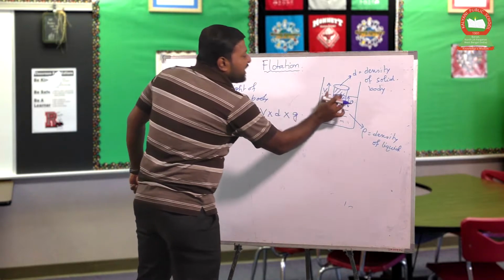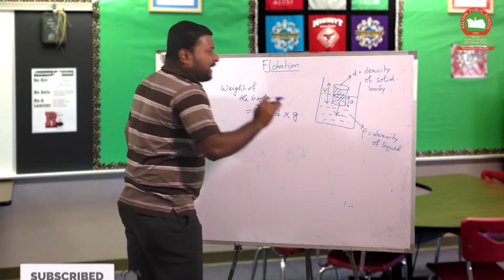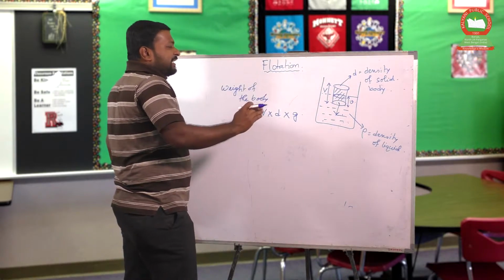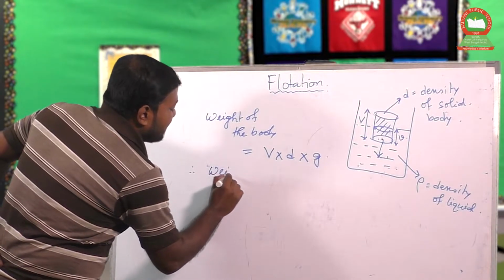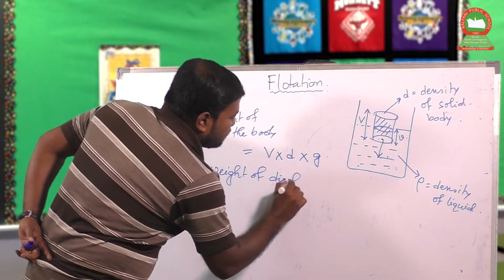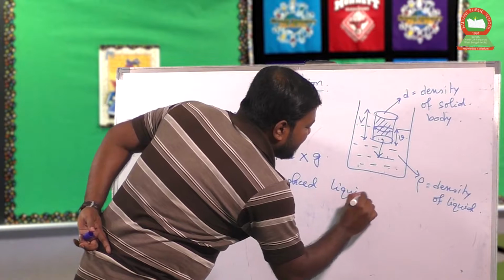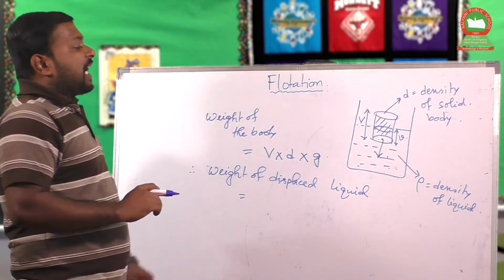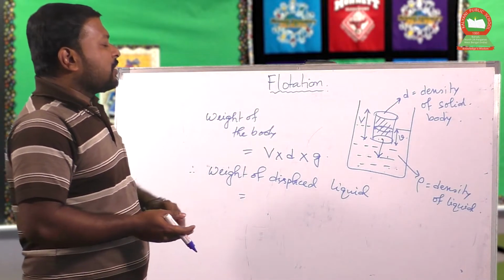Now the submerged part of that particular body is small v, and that part should be displaced by the liquid. So what is the weight of the displaced liquid? First of all, we have to know which volume is displaced by that solid body.